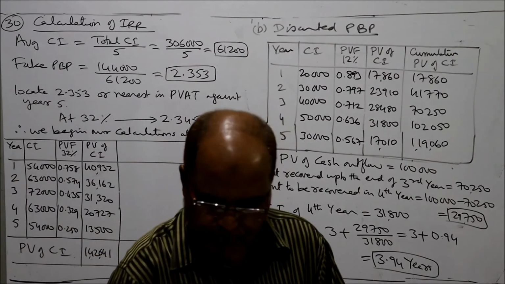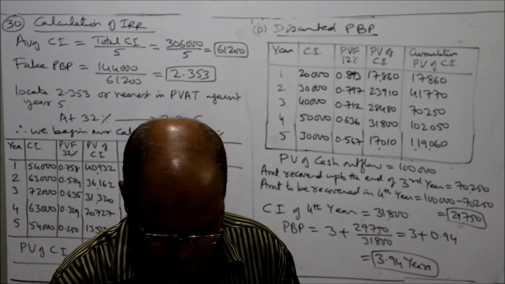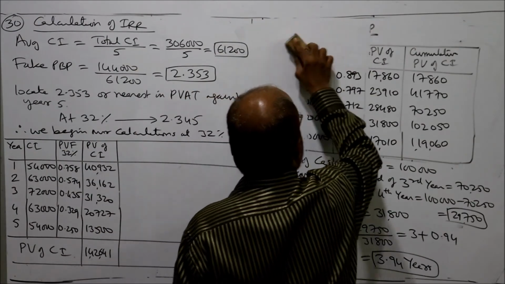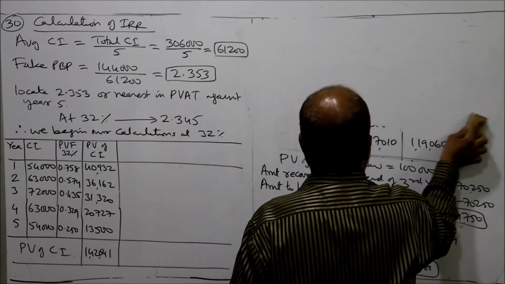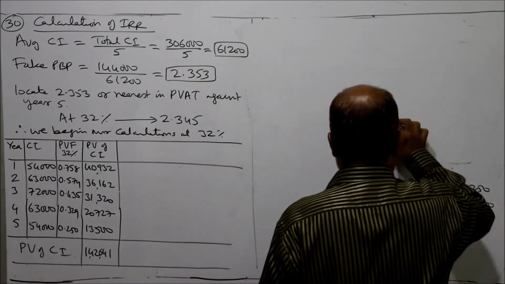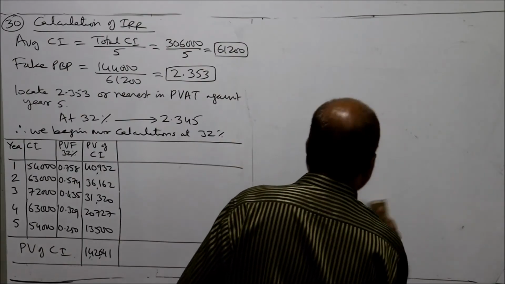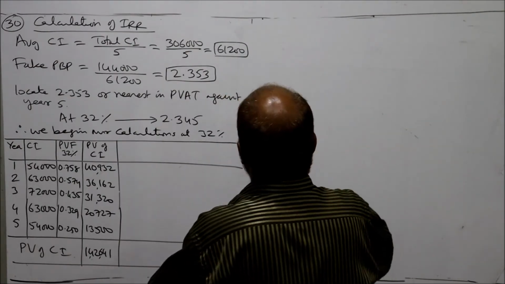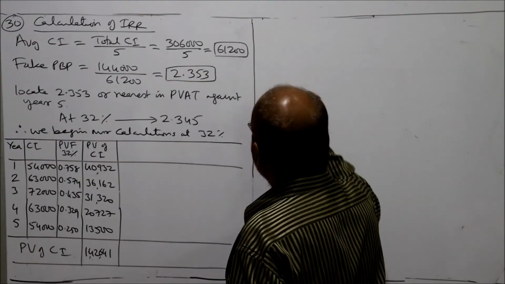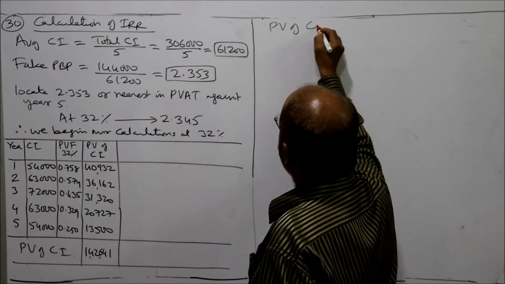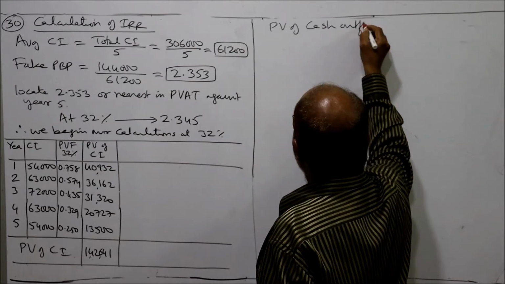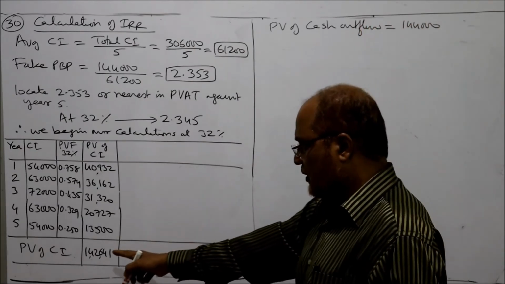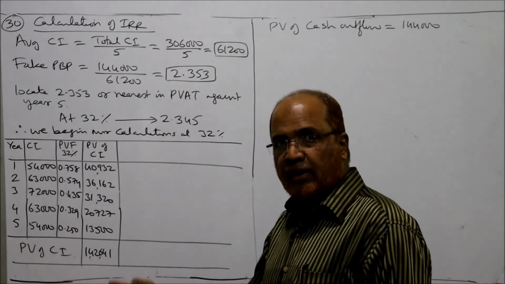1,42,641. But we need how much? We need 1,44,000. PV of cash outflow is 1,44,000. So here we got 1,42,000, a lesser amount.